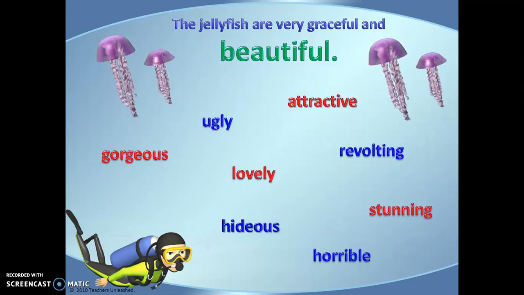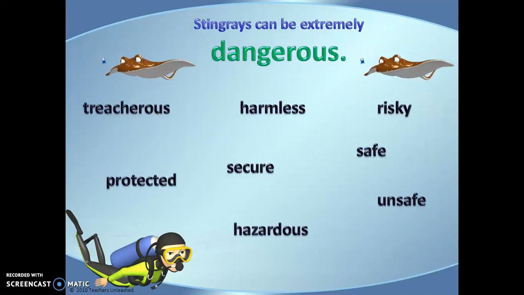And then I had them show me their answers so I can mentally track where they are in the lesson. And then I revealed the words, and attractive, gorgeous, lovely, and stunning were all synonyms. Ugly, hideous, horrible, and revolting were antonyms. And then they really liked the whiteboard activity.